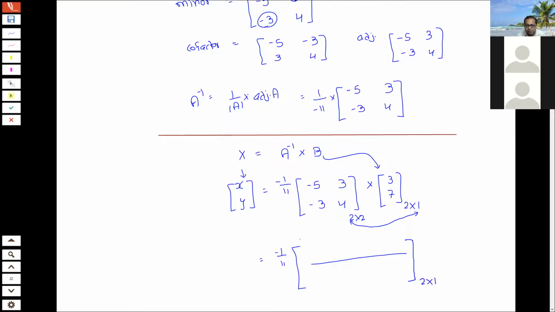So I'll write -5 something plus 3 something, and here -3 something plus 4 something, with 3, 7 written row wise. So basically it is -15 plus 21, so 21 minus 15 is 6.